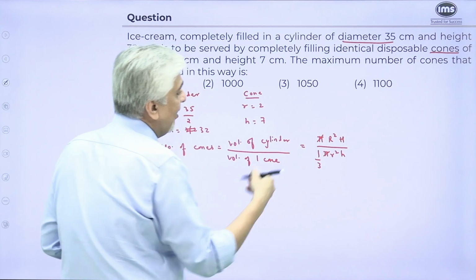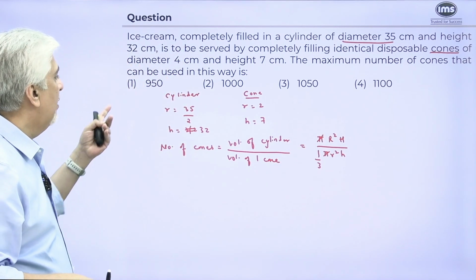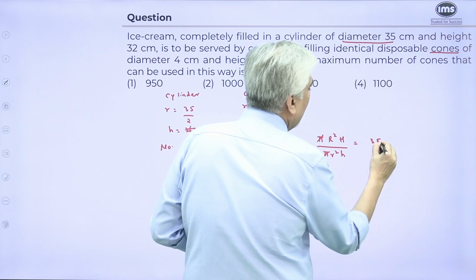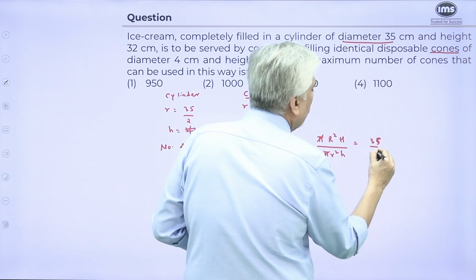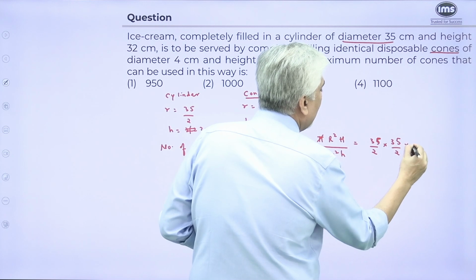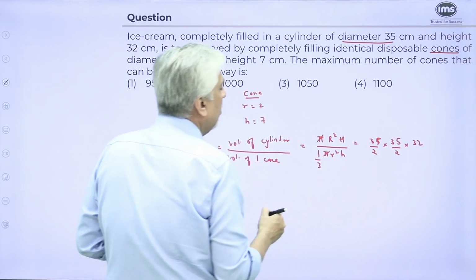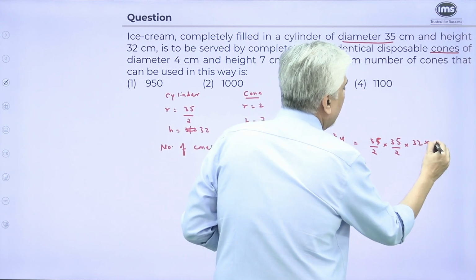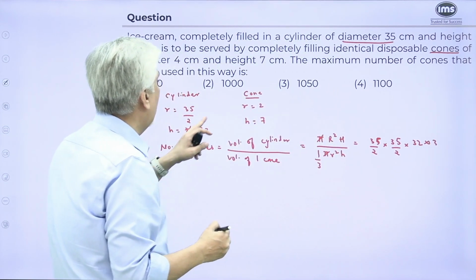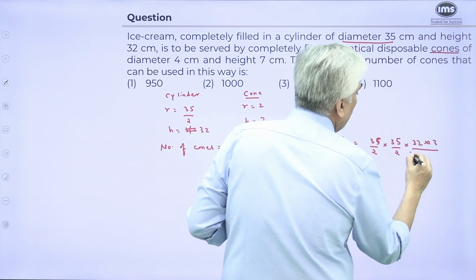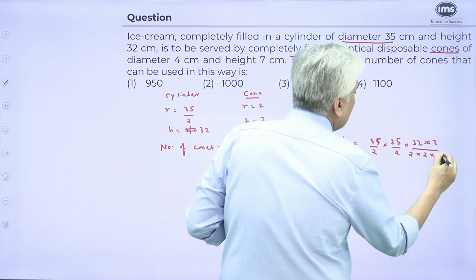Pi cuts, r and h are different, so obviously don't cut them. R is 35 over 2 over here. So we'll get 35 upon 2 multiplied by 35 upon 2 multiplied by height 32, divided by 1/3, which will go on top, it will become 3, upon r over here is 2 and height is 7. So r square, so 2 into 2 into 7.